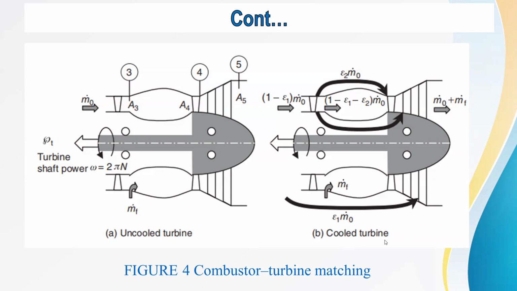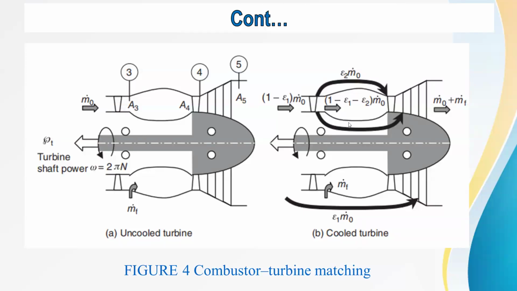But in the case of the cooled turbine, a ram of air is coming to the turbine and cooling it, because the atmospheric air entering the combustion chamber is not only for burning the fuel, but some of the air goes to cool the hot sections. The ram of air is coming like this. The bold line which you can see indicates the cooling system. When it is cooled, the entry to the combustion chamber is 1 minus zeta 1 times the mass flow rate of air.